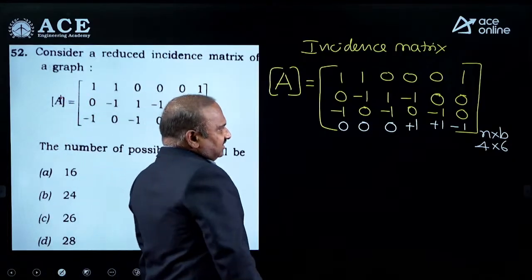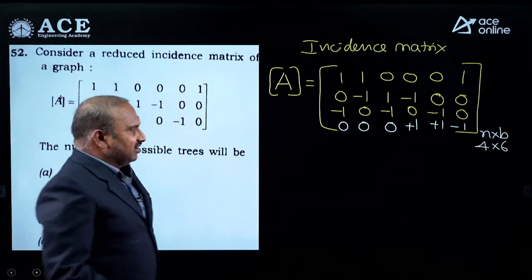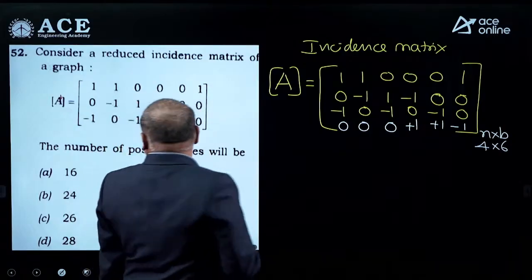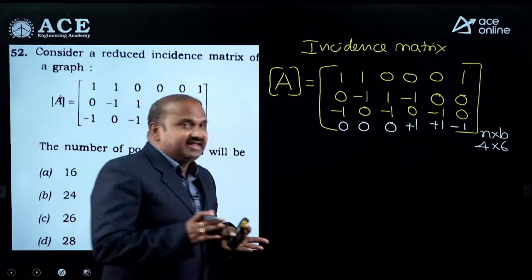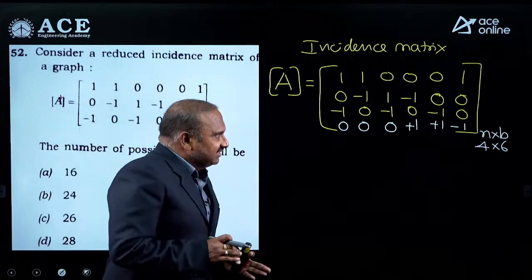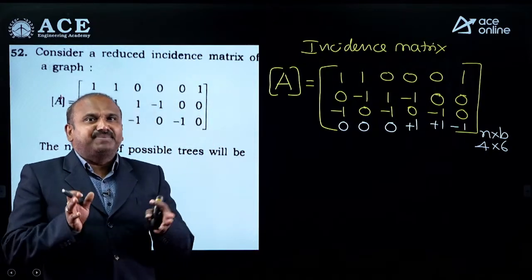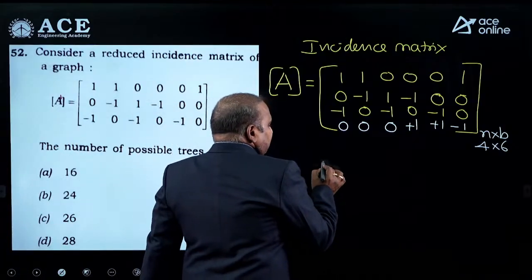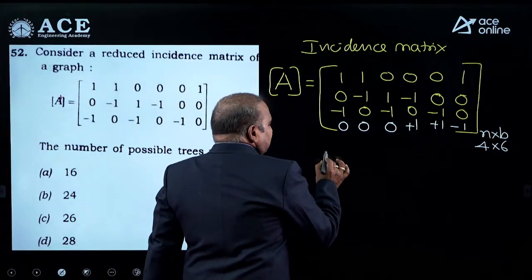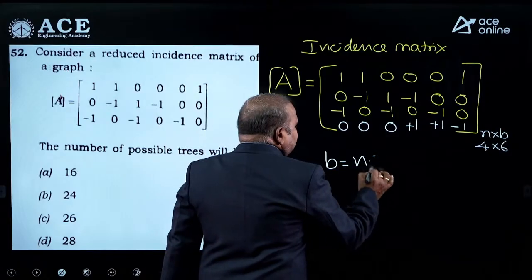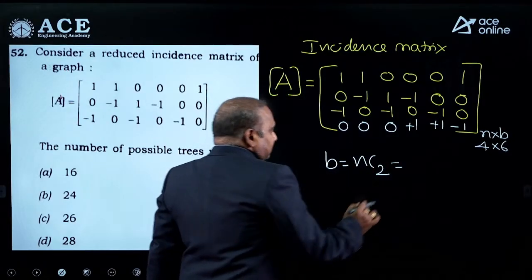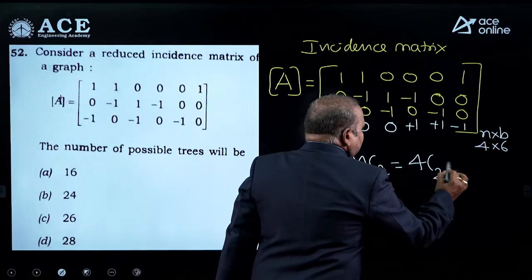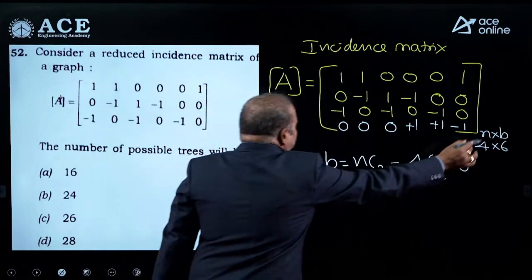Now, with this, you can take the number of branches and number of nodes directly. You are able to find the number of possible trees by confirming whether the given matrix is the complete matrix or not. Complete matrix means the number of branches b is equal to nC2. Whether it is correct or not, 4C2 is equal to 6. Here b is equal to 6 given.